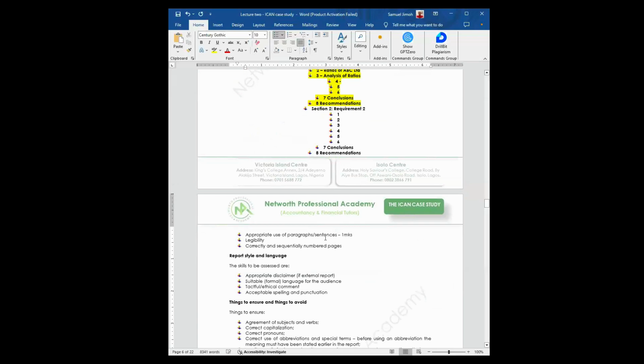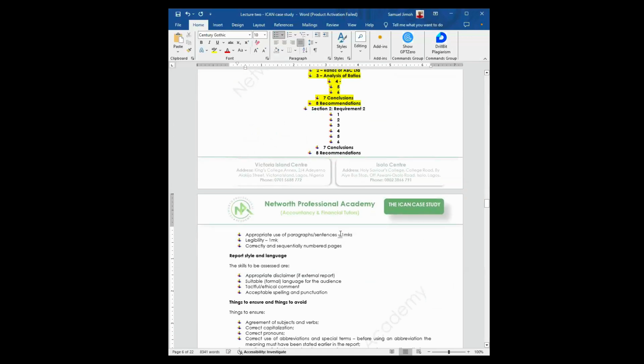So you can see that these are just little things that you include in your report here and there that will fetch you more marks. Now the other thing is legibility, which is 1 mark in the exam. That is your handwriting.